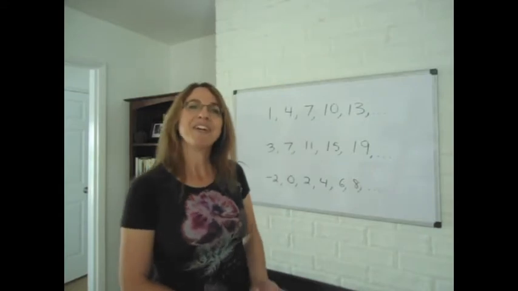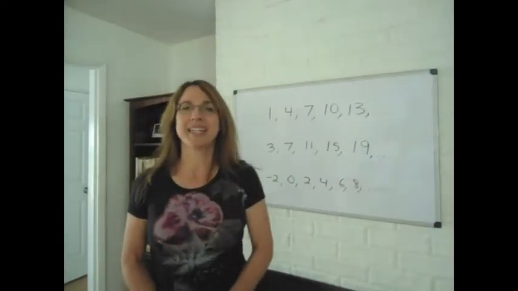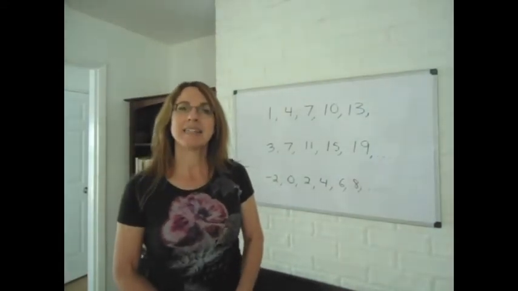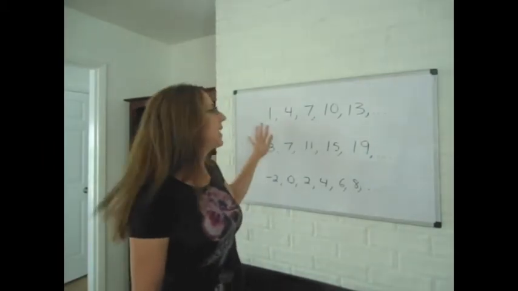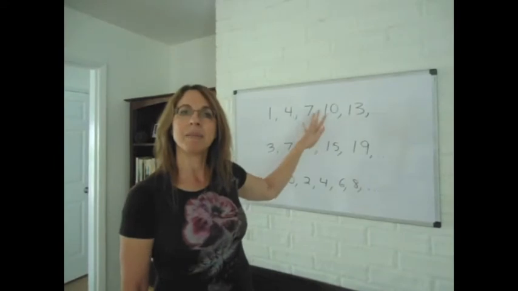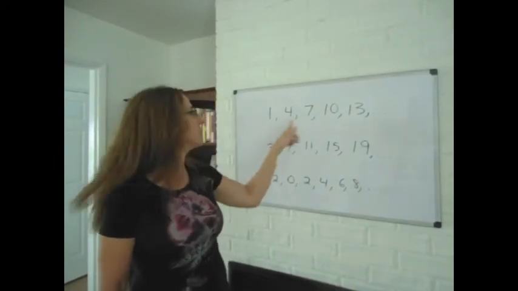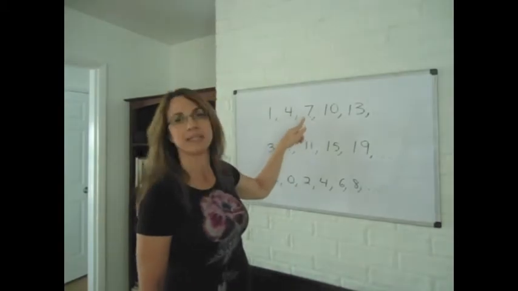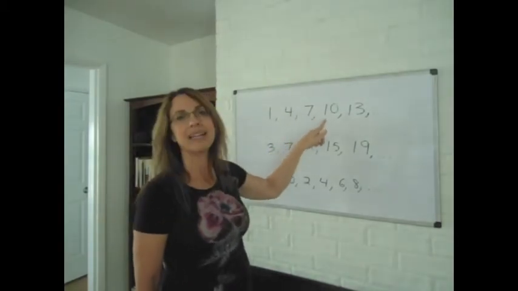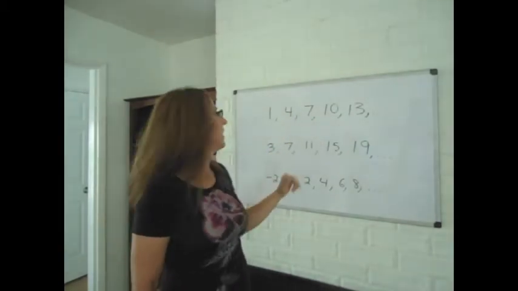Now hopefully you've taken the time to look and you notice that what's the same about all 3 is that they go up by a common value. For instance, this first one is going up by 3. 1 plus 3 is 4, 4 plus 3 is 7, 7 plus 3 is 10, 10 plus 3 is 13.